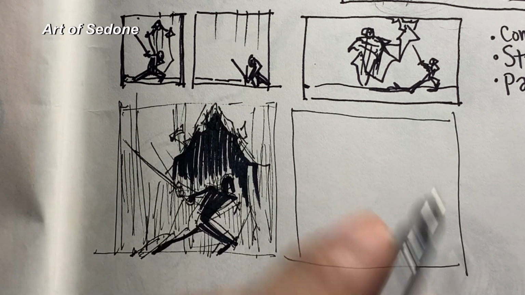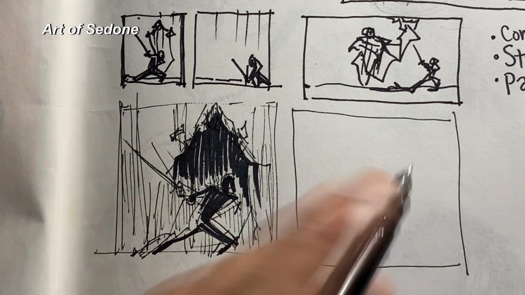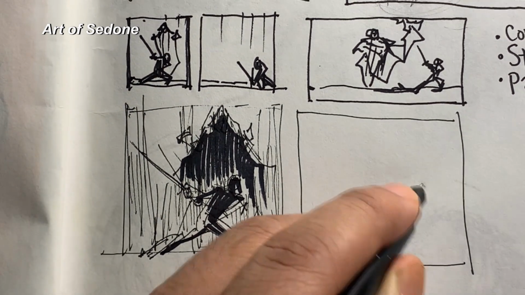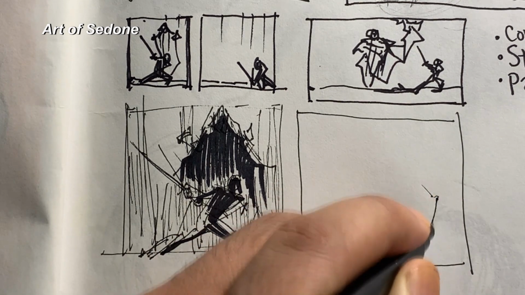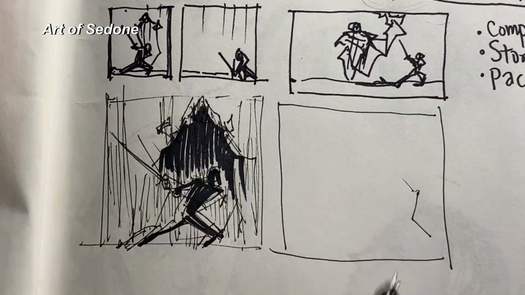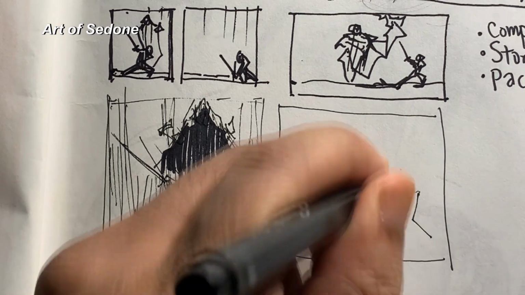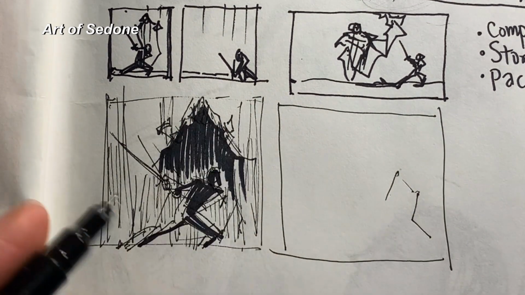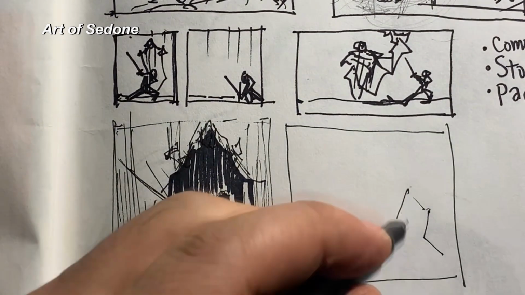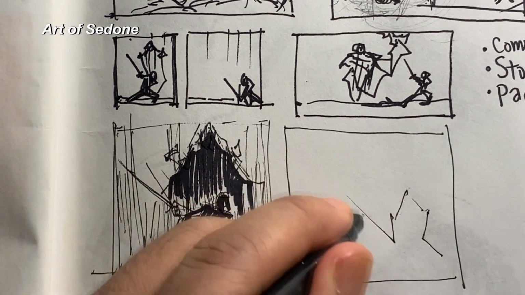But I'll take this for now. And when I have a thumbnail, then I can just do simple shapes. And it's just easier to copy the shape because it's a way of working out the design of it. So like this.